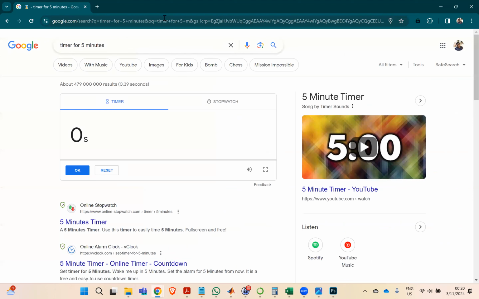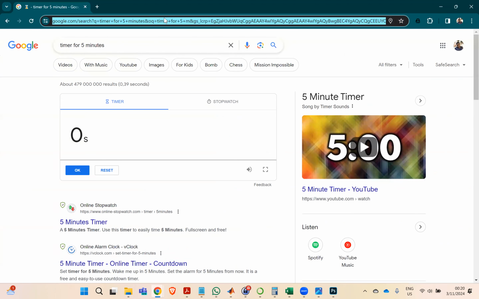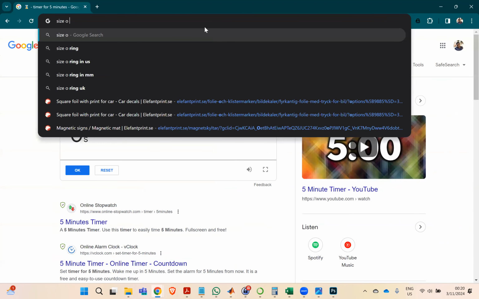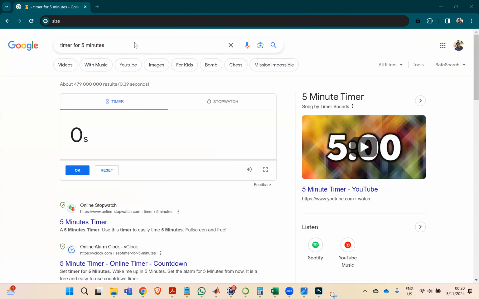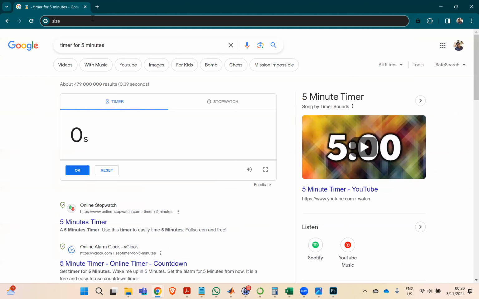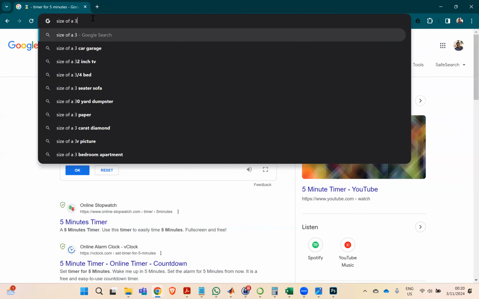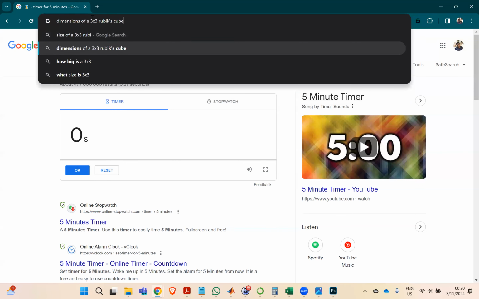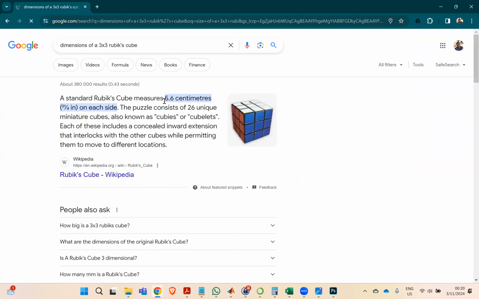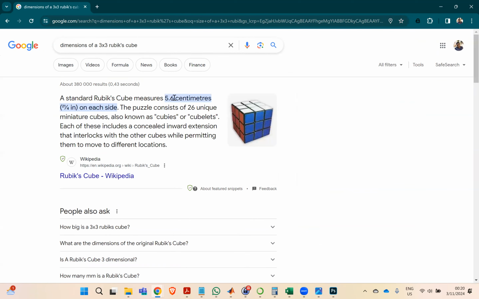I think it can be 1 centimeter, I think. Total 9 centimeter. Okay, let's see. We'll Google it and see the size of a 3 by 3 Rubik cube. So it should be 5.6 centimeters.